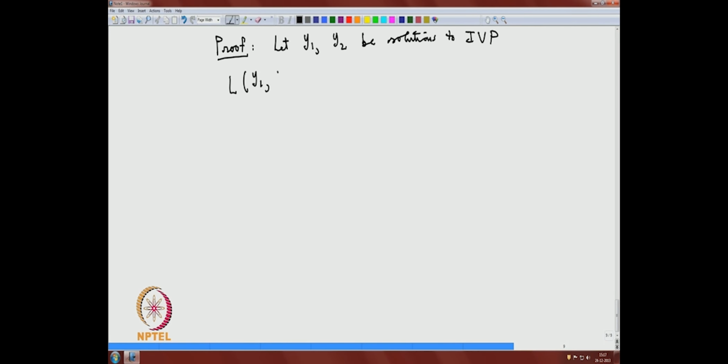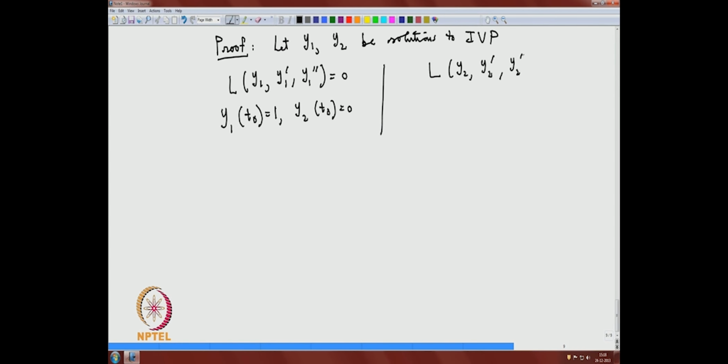So L of y1 = y1 double prime + ... = 0 with the initial condition, the easiest way being the basis element: y1 at t naught is equal to 1, y1 prime at t naught is equal to 0, and then L of y2 = 0 with y2 at t naught equal to 0 and y2 prime at t naught equal to 1.